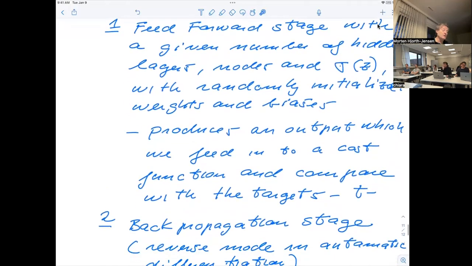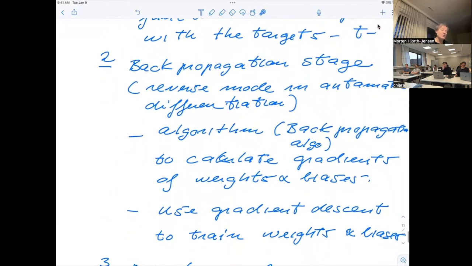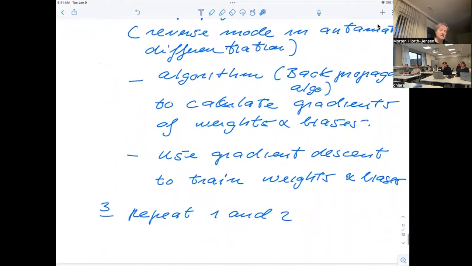So you would actually do this feed forward and back propagation stage, back and forth again, till your cost function has reached a value which you can accept. You will set up a number of so-called iterations. Every time you do the back propagation and the feed forward propagation would be considered as one iteration.